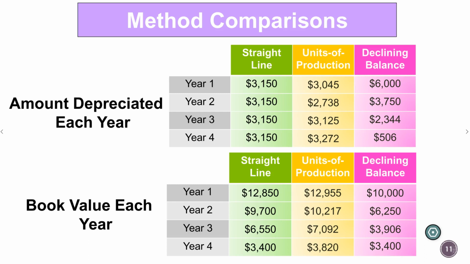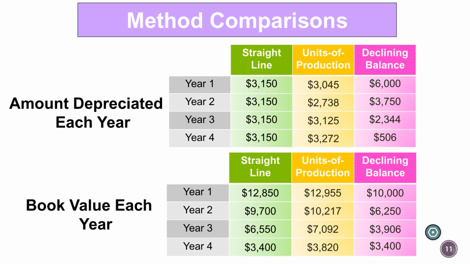And then also the book value year after year was different depending on the method. And so when a business is actually using depreciation, they're going to choose the one that they feel is the most useful for them for that particular year.